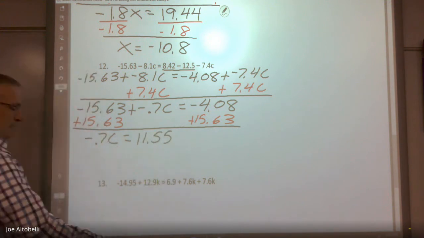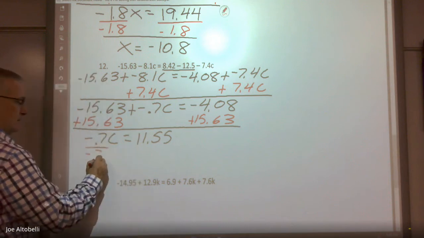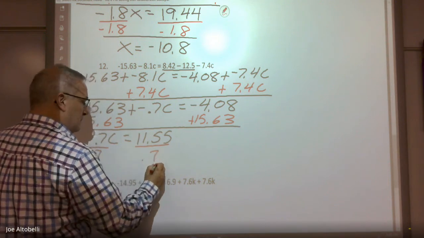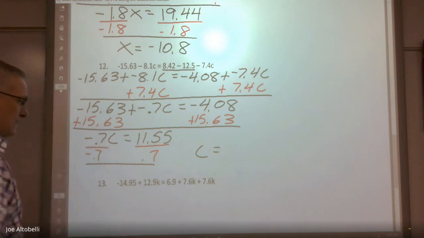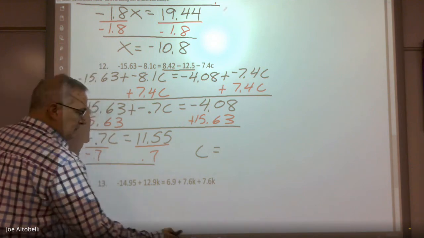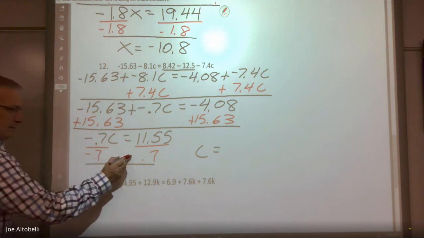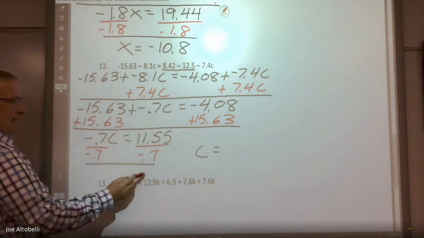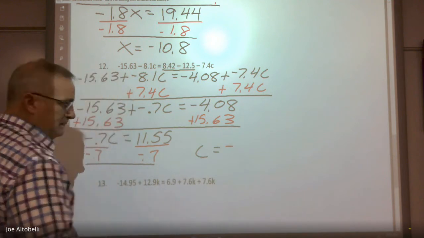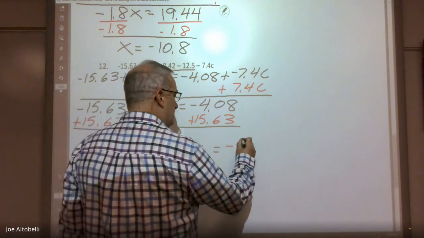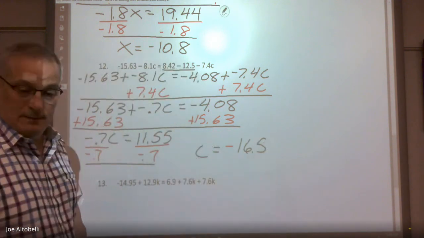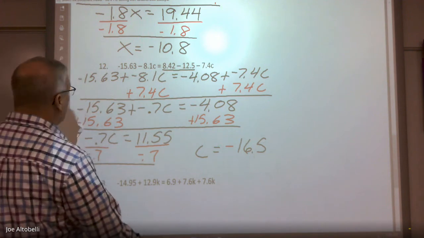And then divide by the negative. This is a negative, so I have to divide by a negative. My answer is going to end up being negative 11.55 divided by 0.7. Questions?